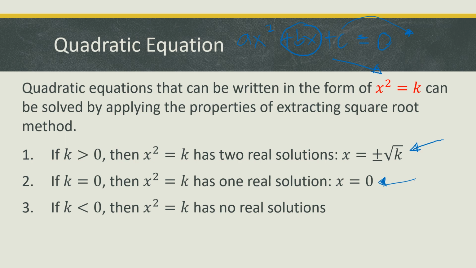And the last one is if k is less than 0, then the x squared equals k form has no real solution. Or we can say that we have what we call an imaginary solution. Okay, we have this i, or the imaginary solution.